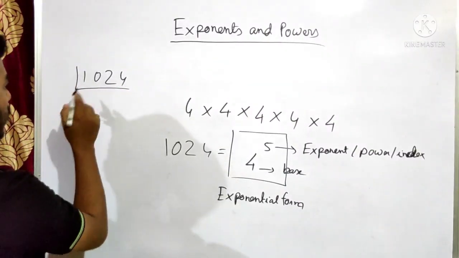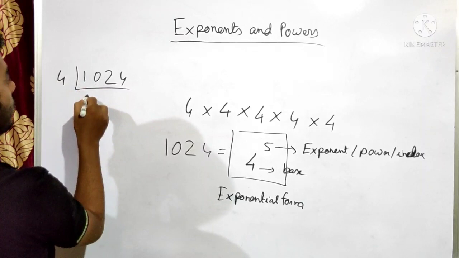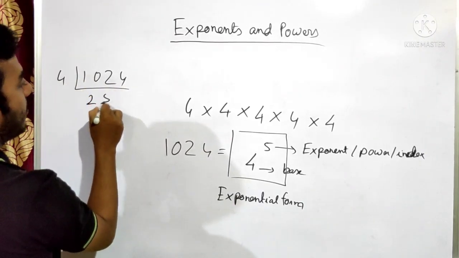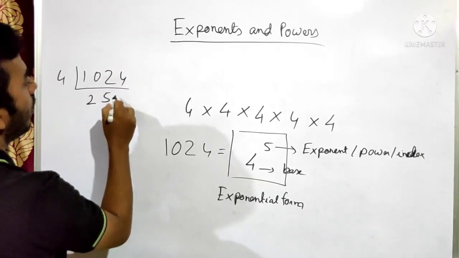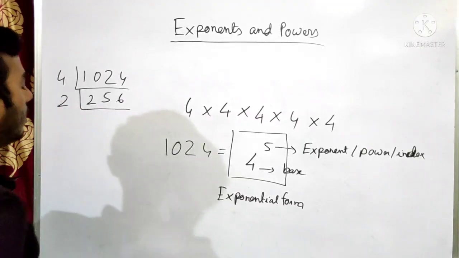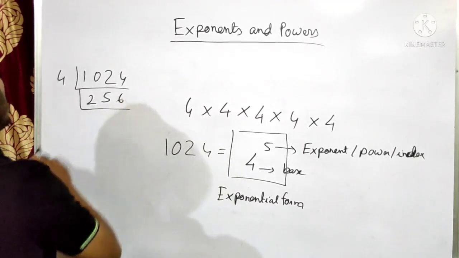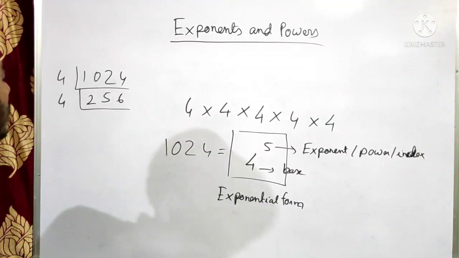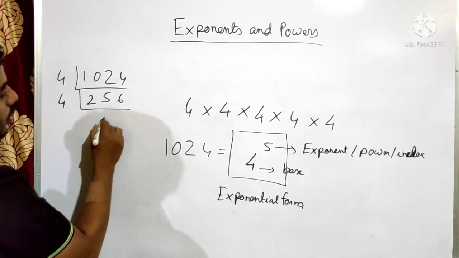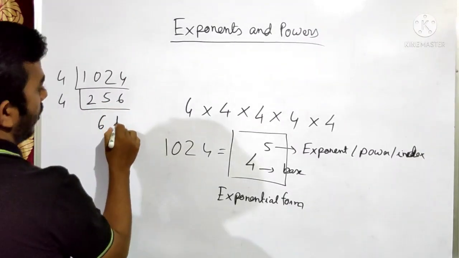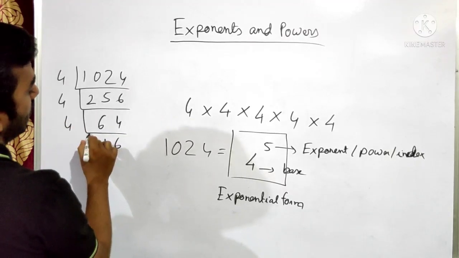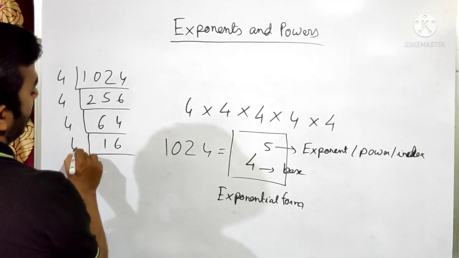So let's divide 1024 by 4. We get 256. Then 4 into 64 is 256, then 4 into 16 is 64, then again 4 into 4 is 16.